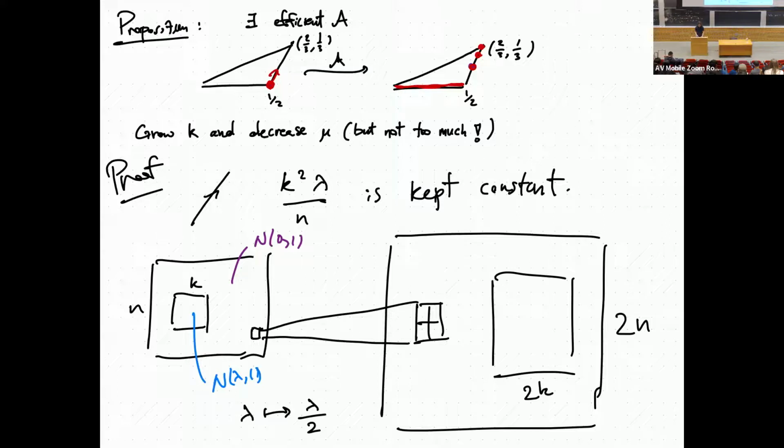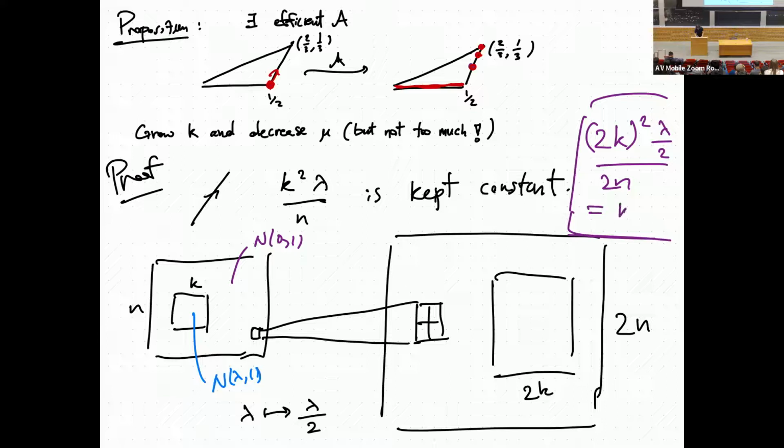So now we can check, did we keep k squared lambda over n constant? Well, let's just plug in. We can do that over here. So we have now 2k quantity squared, lambda over 2, and then 2n. And we can see that that's equal to k squared lambda over n. All the 2's cancel.